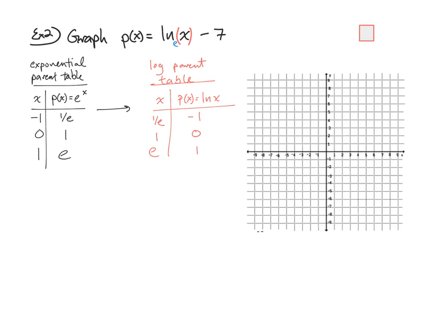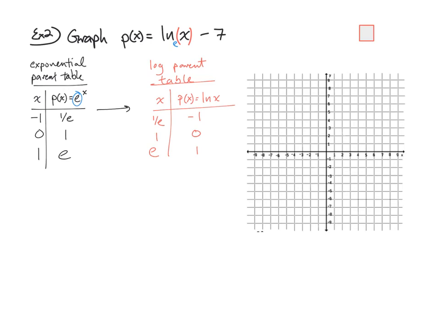So what we know is that the base for the exponential part of this will be e. So again, 0 is always paired up with 1. 1 is paired up with the base. -1 is paired up with the reciprocal of the base. So all we have to do then is make sure that when we make our log parent table, all of the x's become the y's, all of the y's become the x's. Cool.